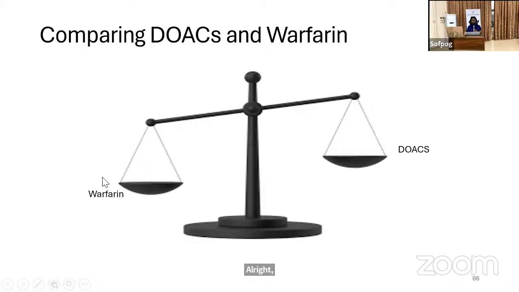Warfarin would be useful when you need to do multiple interventions, multiple procedures, and you need to monitor how effectively the patient is anticoagulated or not. Warfarin will be a good one. You can always monitor. So that's good.